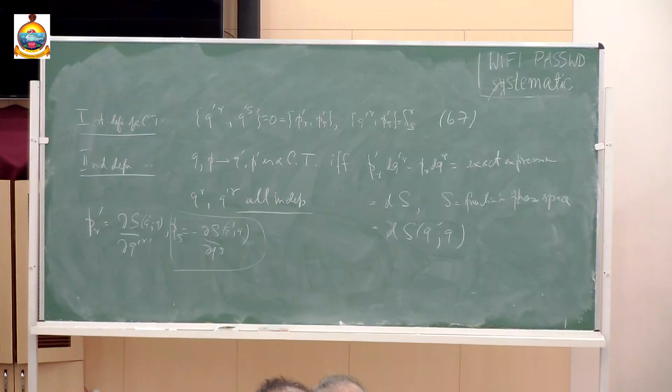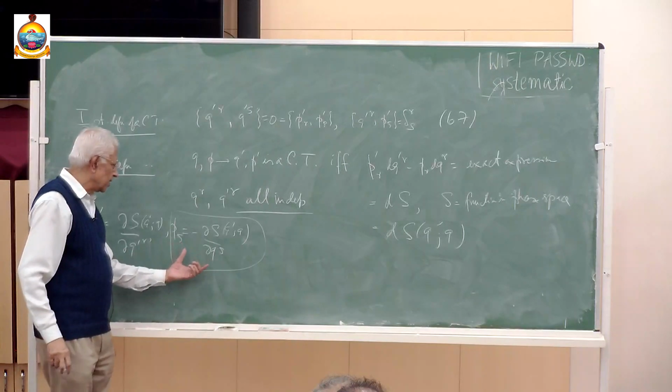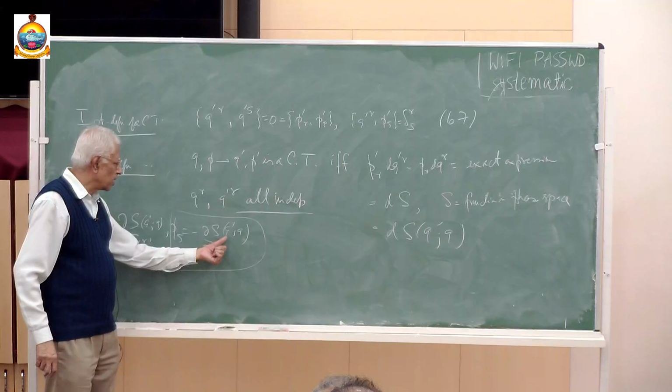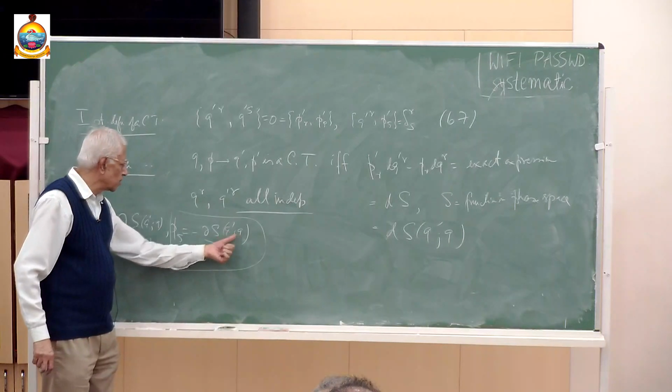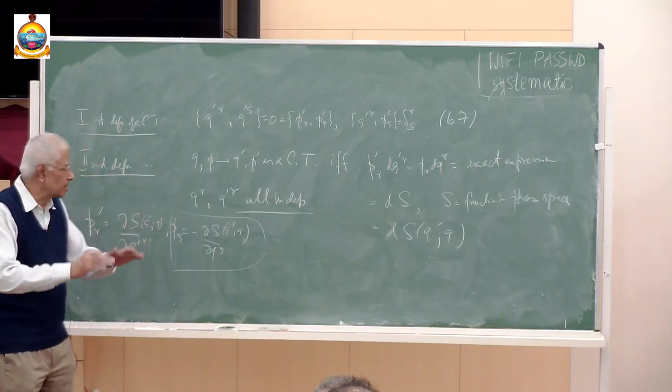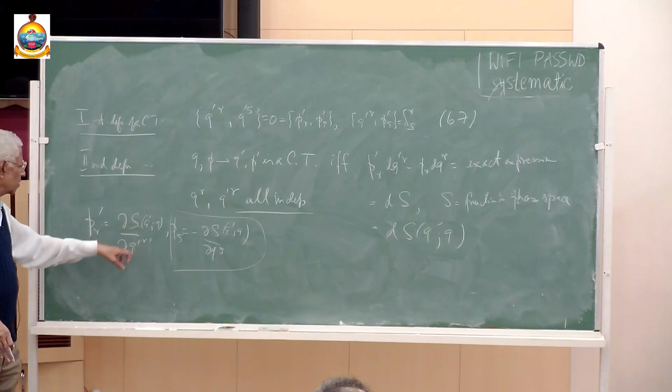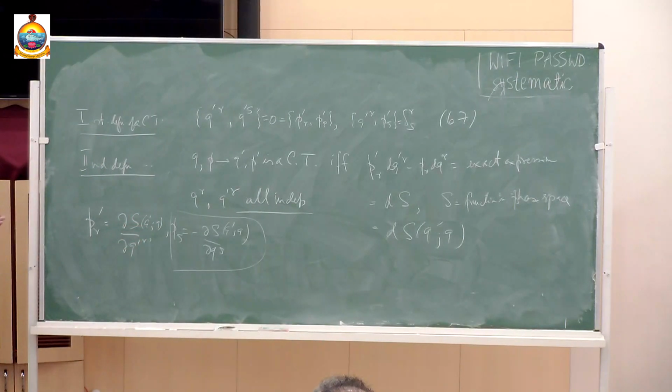That must be permitted by S. There is a Jacobian condition for S. I'll leave it to you to guess what that condition is. Suppose S is such that this part of the equations allows you to express every q prime in terms of q and p. Take those expressions, plug them in here. Then you get p prime in terms of q and p, and you are done.